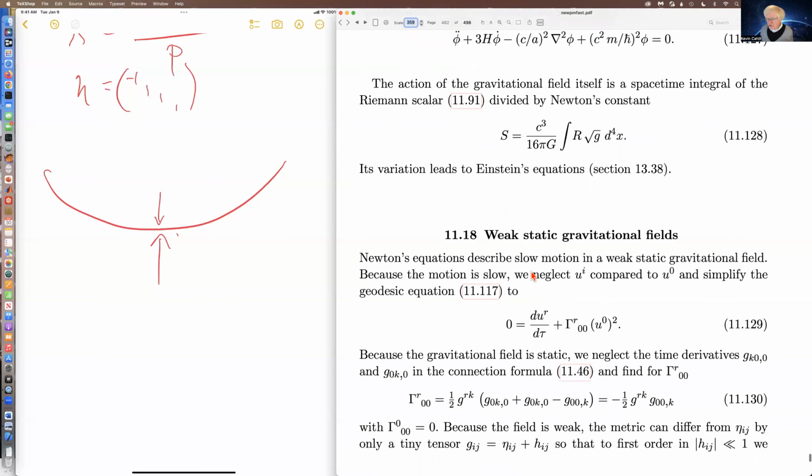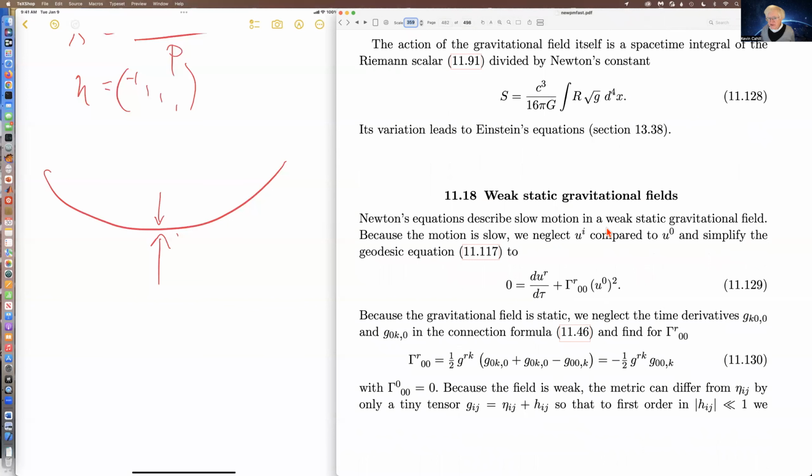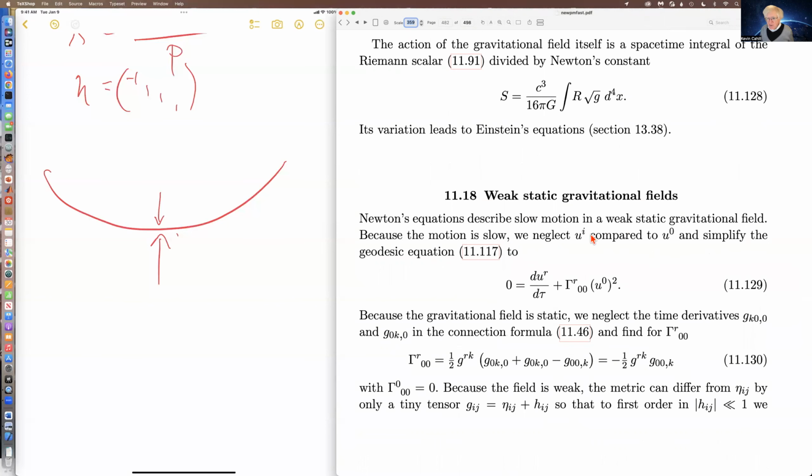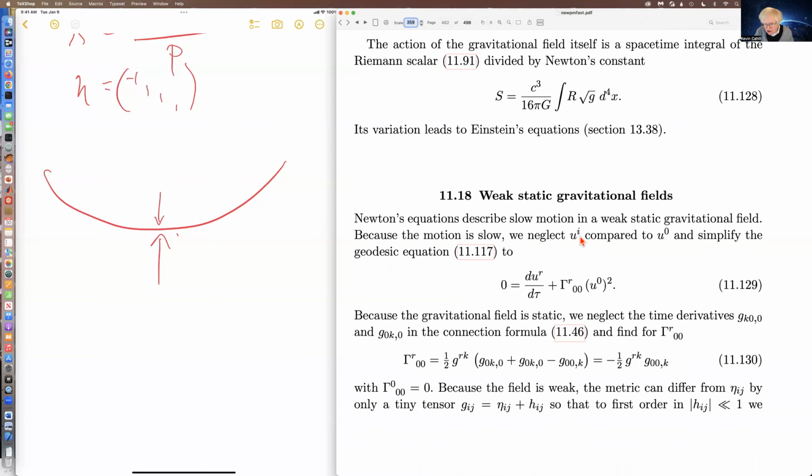And then if you have weak gravitational fields, you take the earlier equation, which was the geodesic equation, and you drop out the dx^i/dτ terms, which are the u^i terms. You drop them because we're saying the motion is very slow.